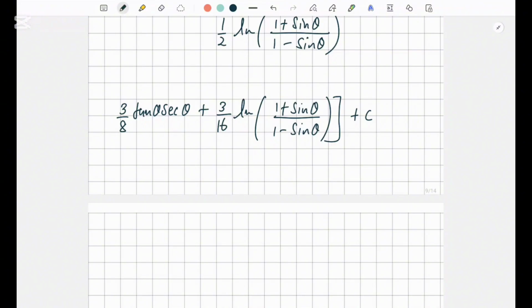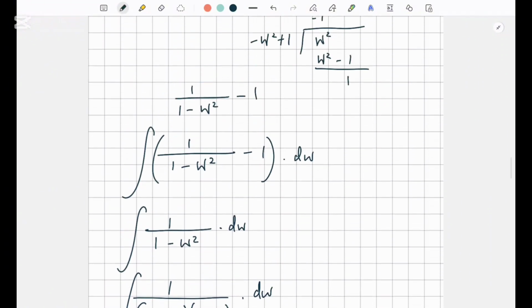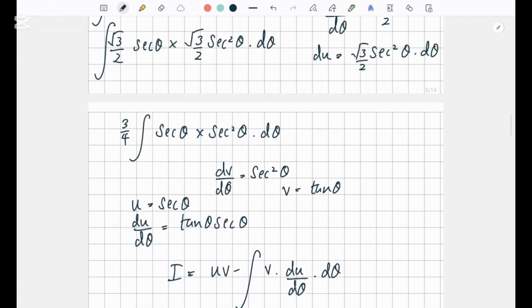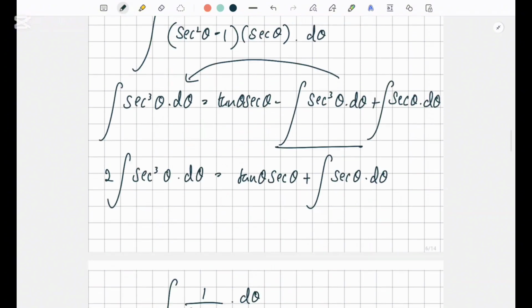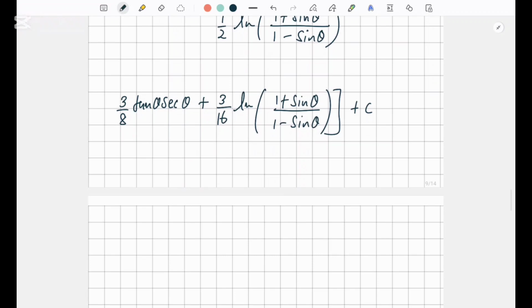Now since we got this, let's go back into our previous substitution, which we took as u equals root 3 over 2 tan theta.